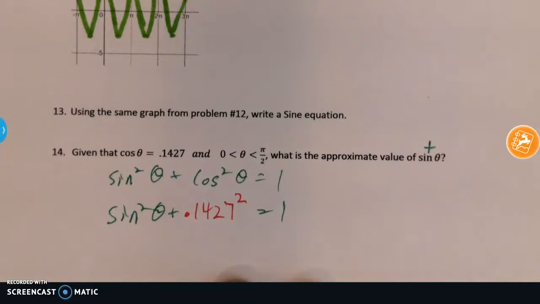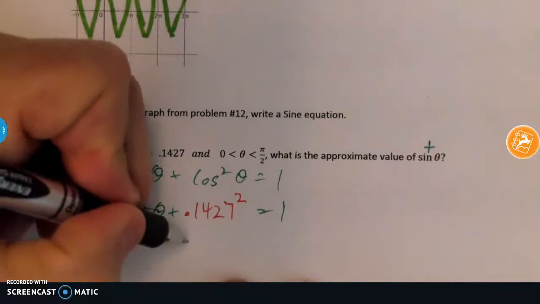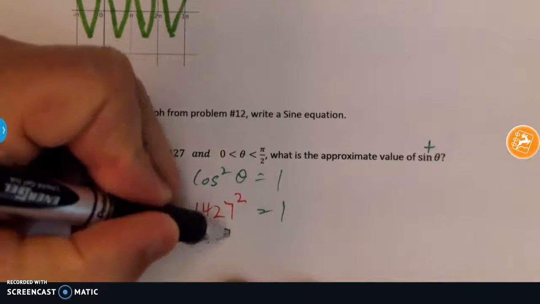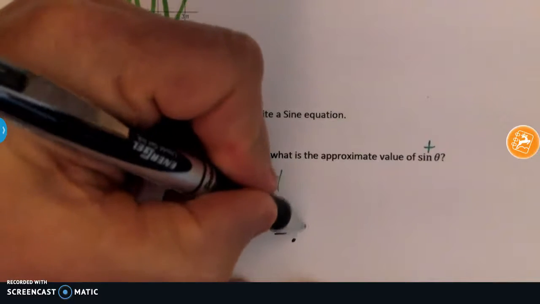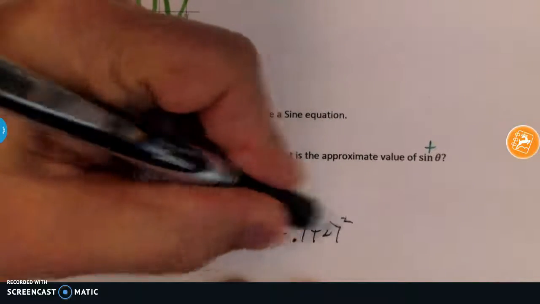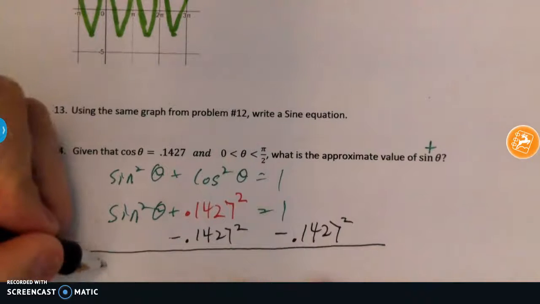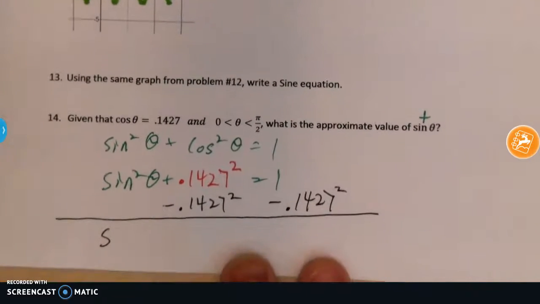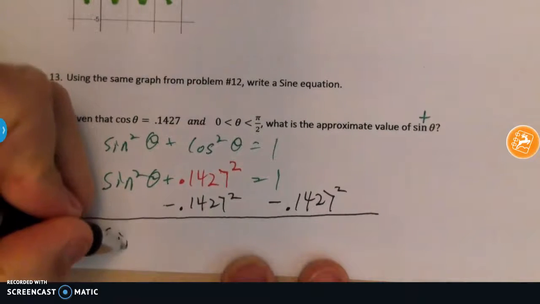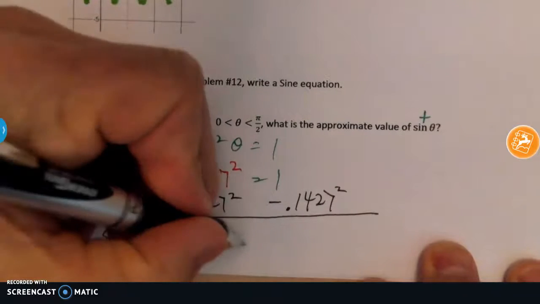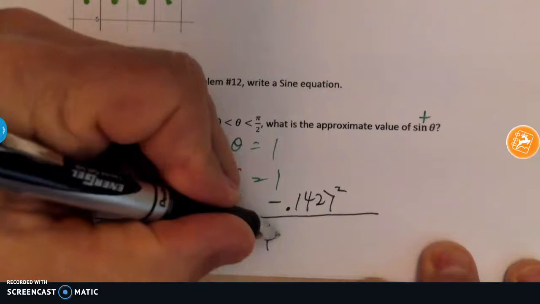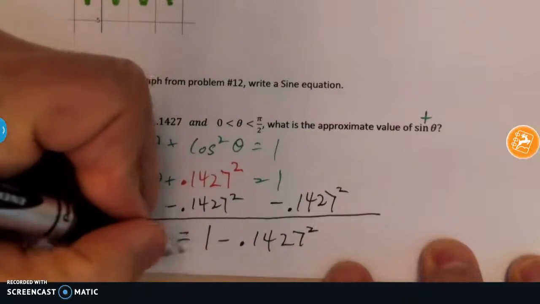So what we can do is just subtract that number, and I'm going to let the calculator handle the decimal. That's why I'm not multiplying it out. You can multiply it out if you really wanted to. Okay, so this is going to be sine squared theta equals 1 minus 0.1427 squared.